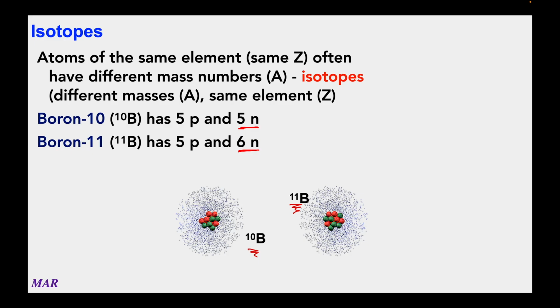You can take the mass number, in this case 11, subtract the atomic number, which in this case is 5. 11 minus 5 is 6. If you did it for the boron 10, it would be 10 minus 5, or 5 neutrons. And again, all elements have at least one other somewhat dominant isotope running around somewhere with it. Some of them have many, many, many isotopes, more than 50, say.